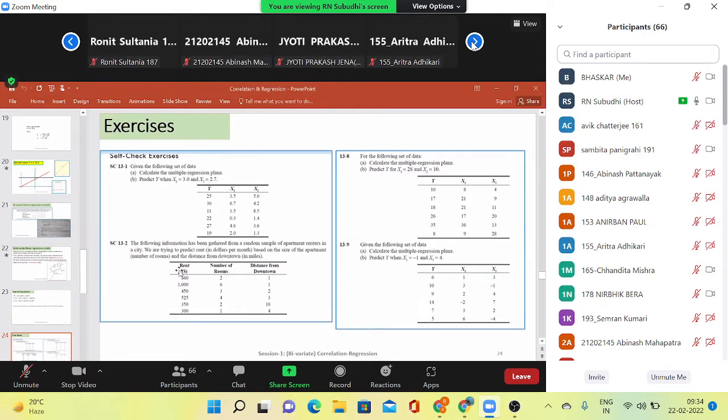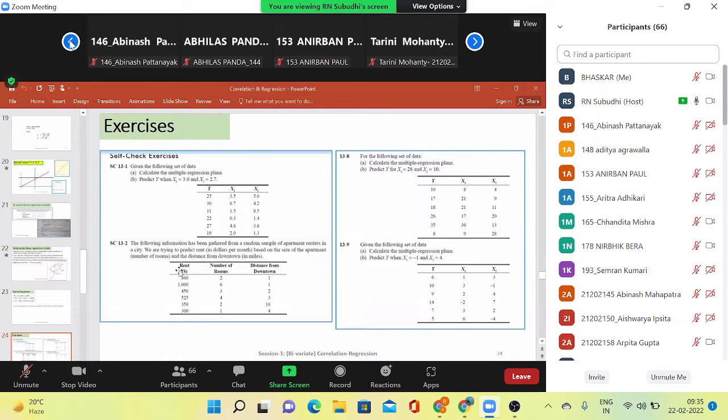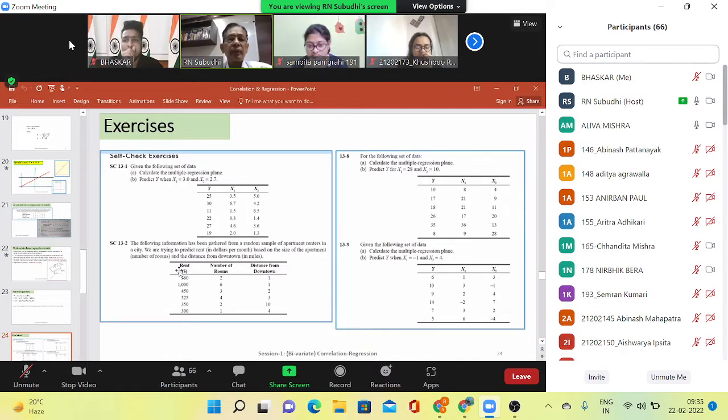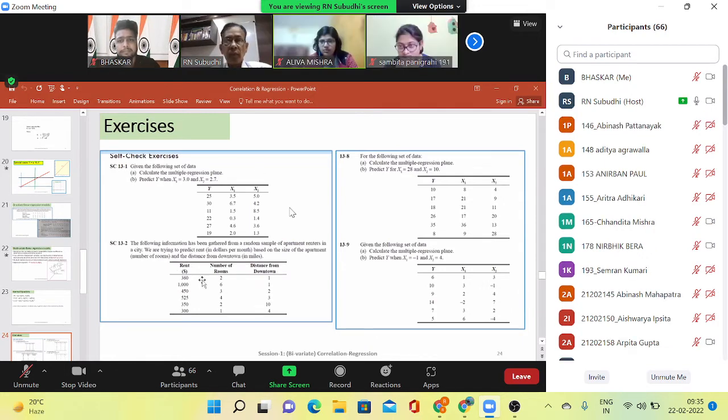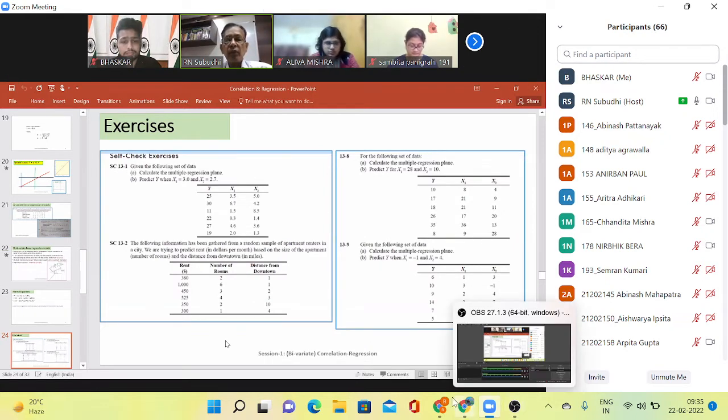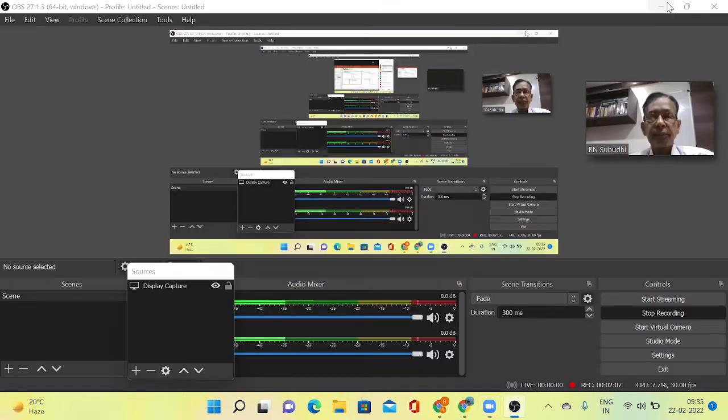Aliva, you had a soft copy of Levin's book. Share it. All of you should have. I think one of you had shared it in a WhatsApp group. So either you have the hard copy, Levin's book, calculator ready, or you can open your soft copy.